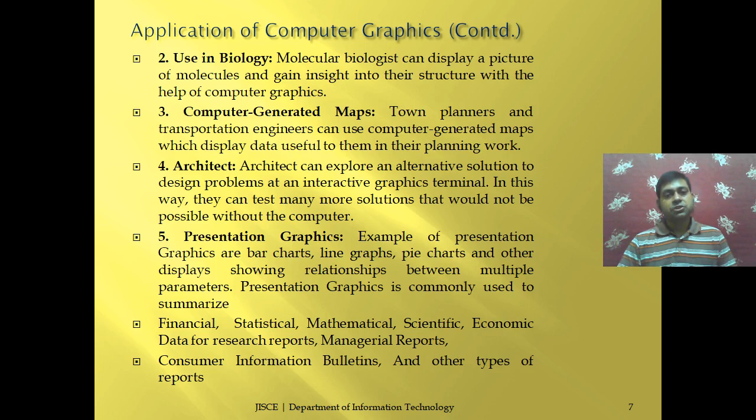Then come computer generated maps in vehicles or any GPS system being used in vehicles, where we use computer generated maps for easier navigation. Then architects use CAD design and vector images for better representation of different structures.